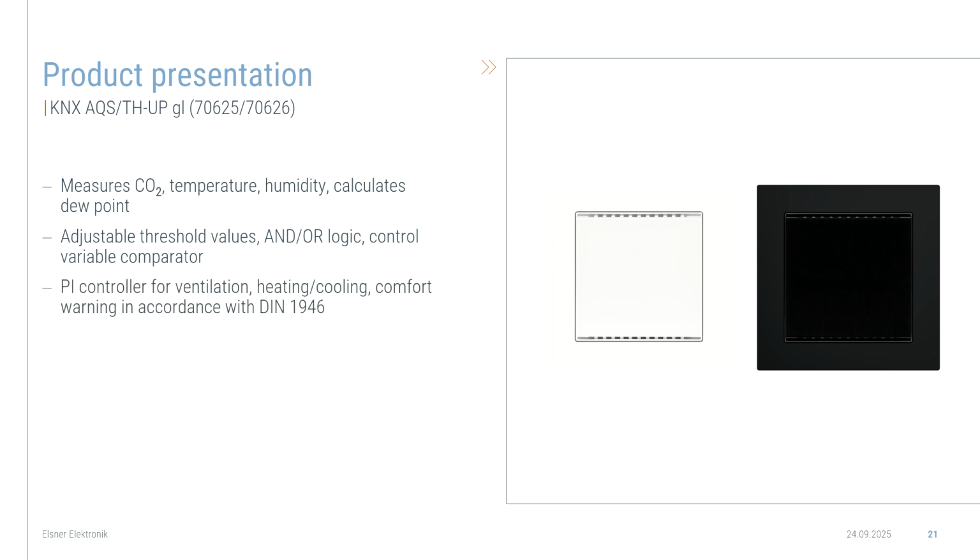And the PI controller is integrated for ventilation, heating, cooling, and it has a comfort warning in accordance with the DIN 1946. It fits into standard switch frames. And as the Cala IL as well, it's also available for Swiss installation systems.